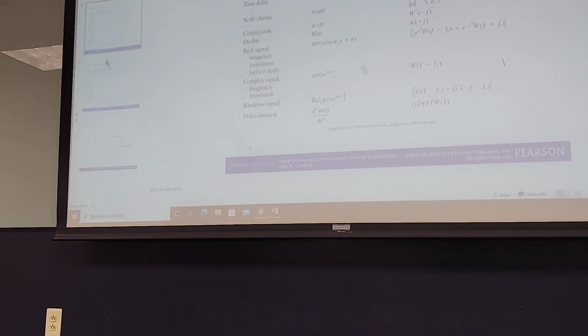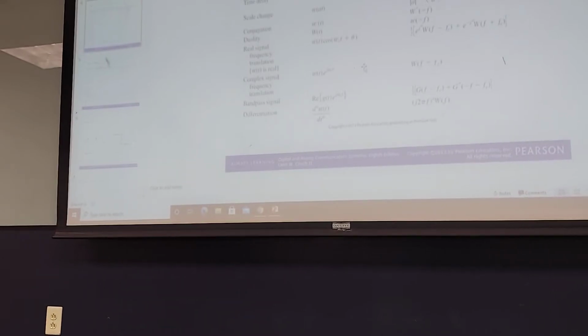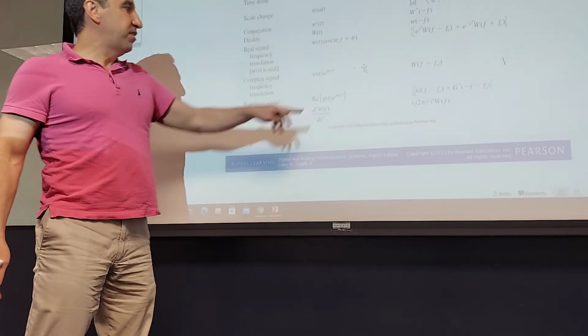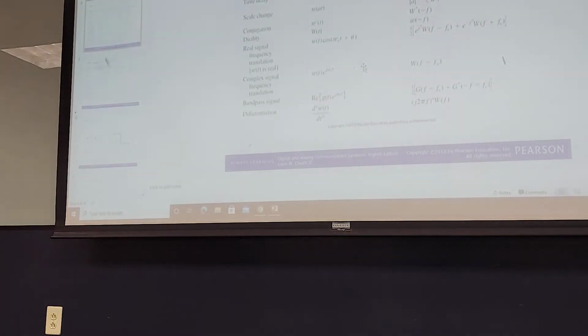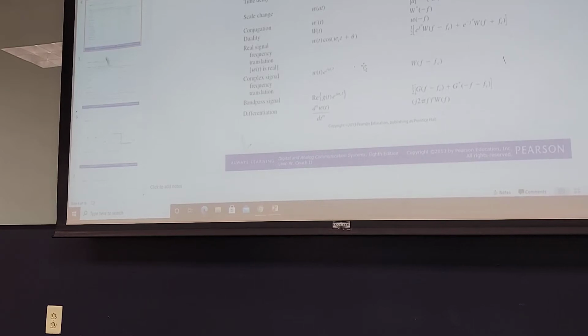Oh, the complex signal frequency translation, similar to the cosine one, but just if you multiply w(t) times e^(j ωc t), the Fourier transform is W(f - fc), and this is constant here, the constant frequency.